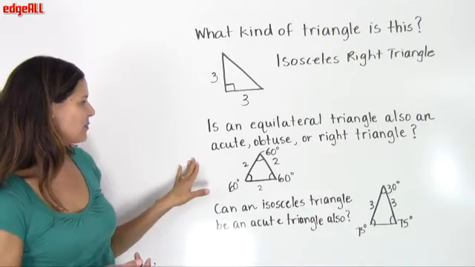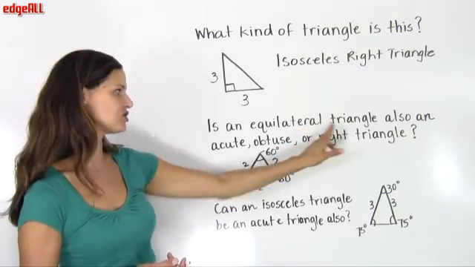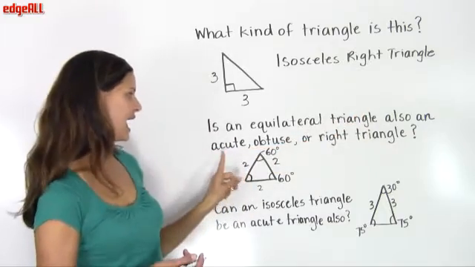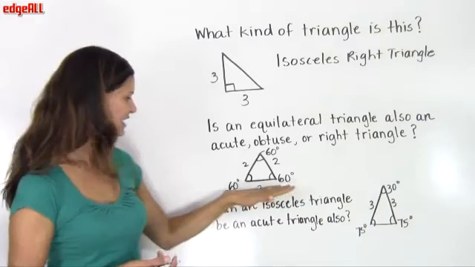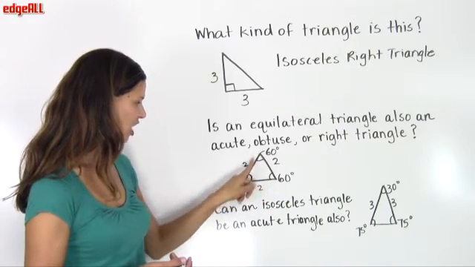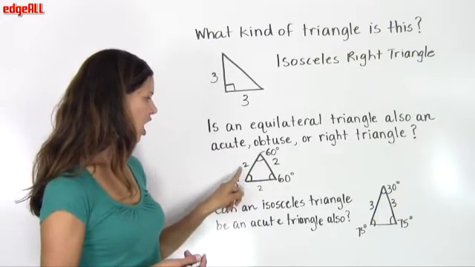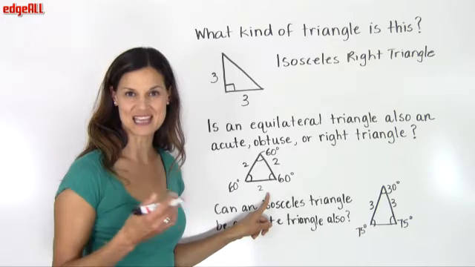In our second example, it asks us the question, is an equilateral triangle also an acute, obtuse, or right triangle? So let's take a look at an equilateral triangle. I have a little one drawn here. All three sides are the measurement of 2 units, and so we know that it's equilateral.